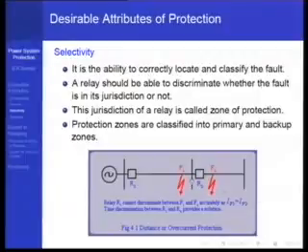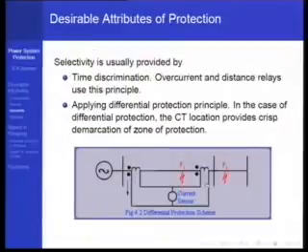But in this particular slide, this is a radial system with a single source, so R1 will only see the fault F1, and R2 will not see any fault current. I am assuming a bolted three-phase fault here, and hence automatically R1 will operate and R2 will not operate. So we have provided selectivity by doing time discrimination.